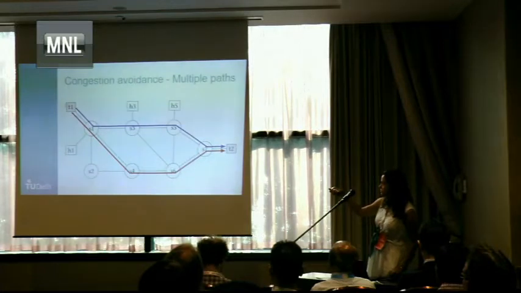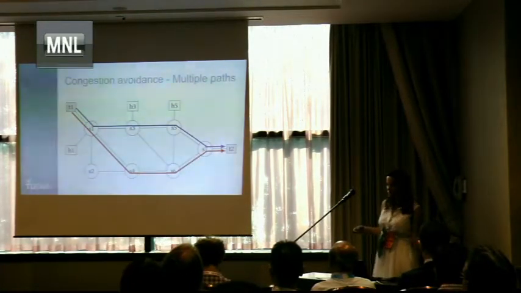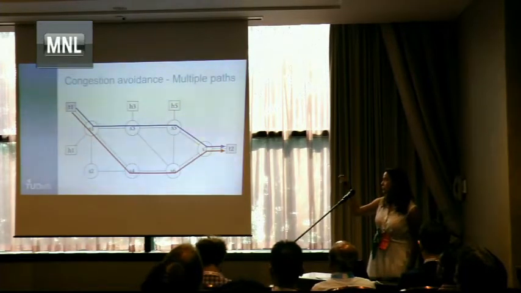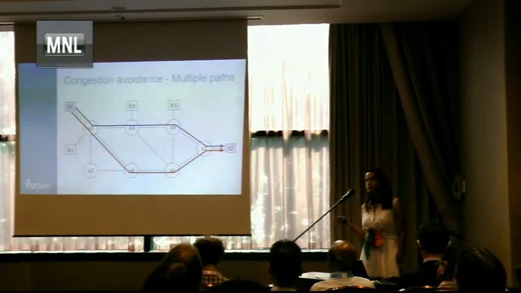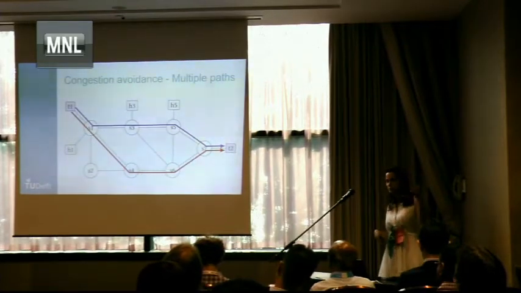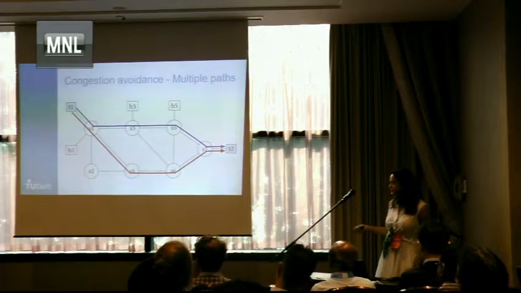In order to implement congestion avoidance, we use multiple paths. So for example, when a new host appears, for example T1, and wants to set up a new flow, its packet-in is first forwarded to the central controller that then configures 2 paths.